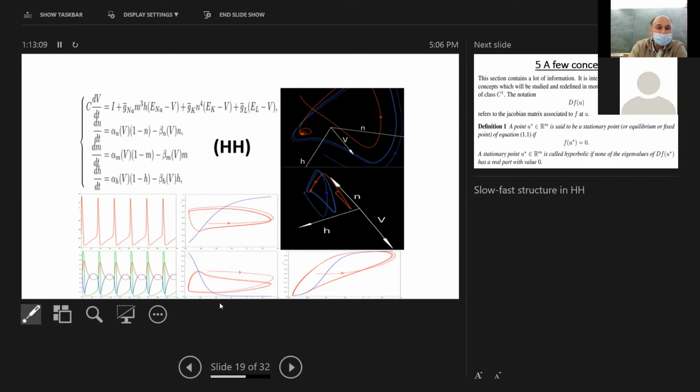Here it's H. Again in blue you have the null line, and the derivative of H is negative there and positive there. The same for M. Here we have a very specific thing: you see that the M and the V are very close for the null line. This is very special, but let's forget about it right now.